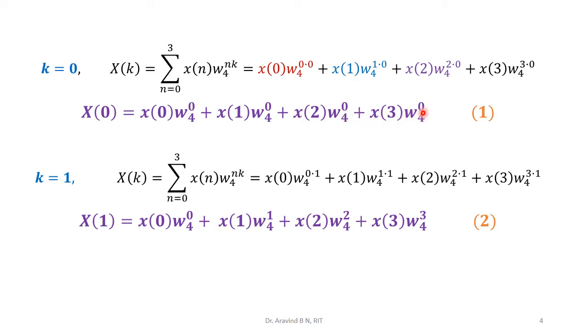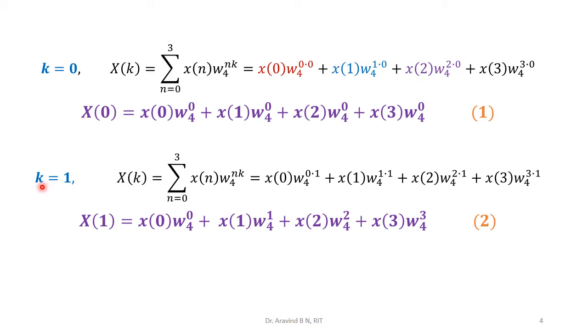As I told you before, we don't have any values to substitute for x of 0, x of 1, x of 2, x of 3. We are not calculating any answers with respect to some inputs. We are trying to find a relation. So let us keep this expression as equation 1.